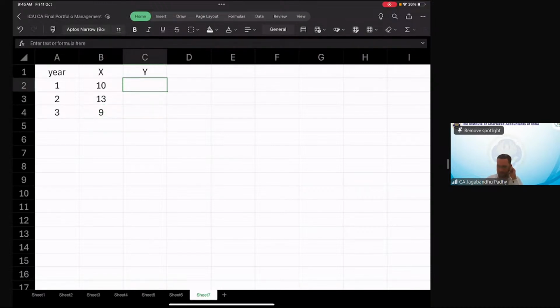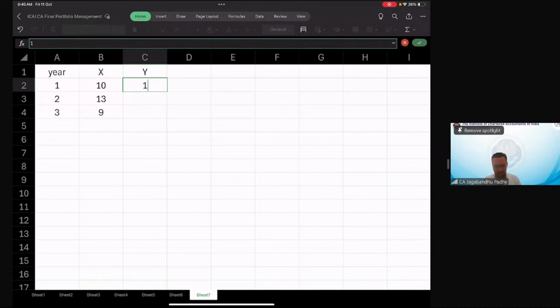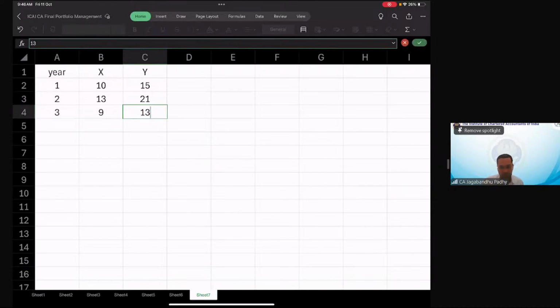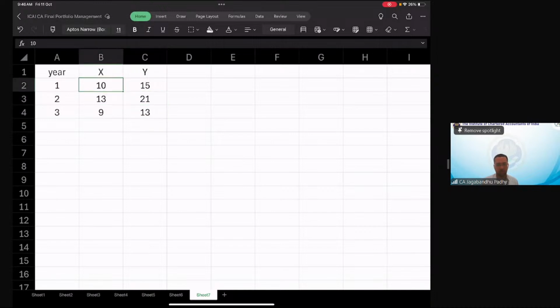Return of Y is, let's say, 15, 21 and 13. So we've got two securities with their respective returns.